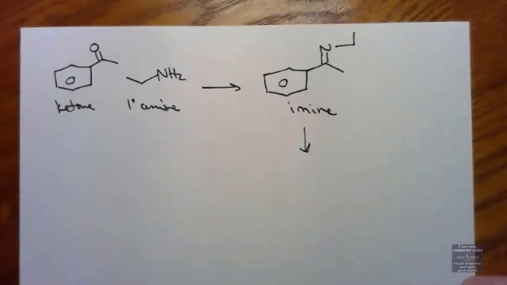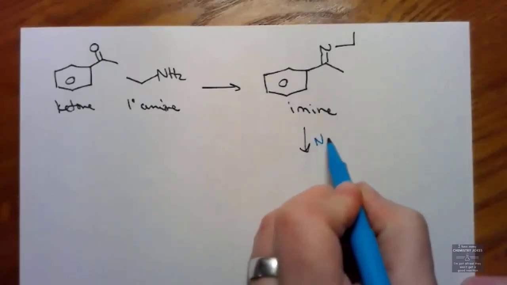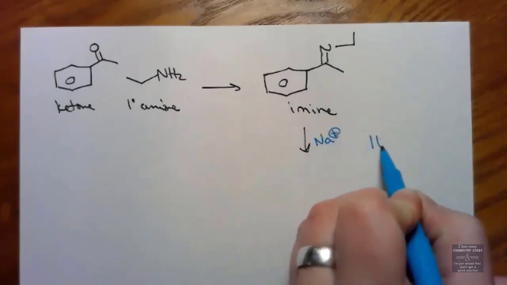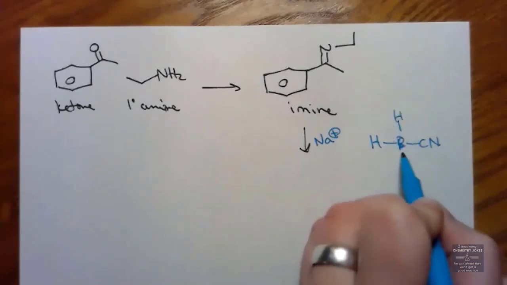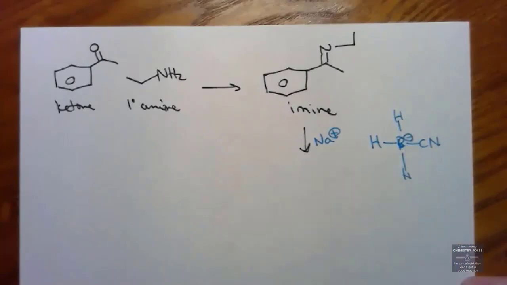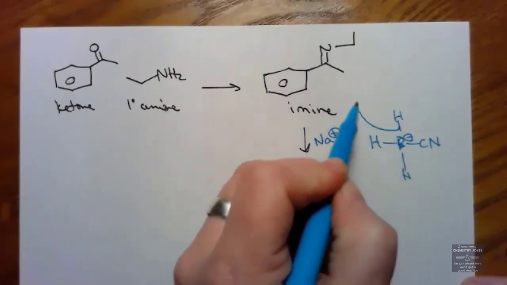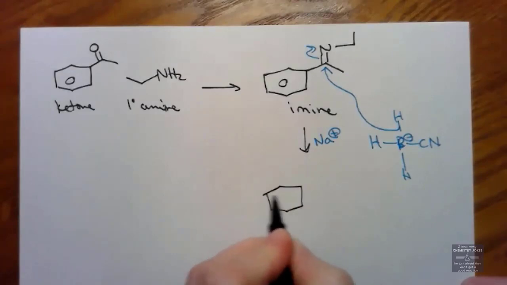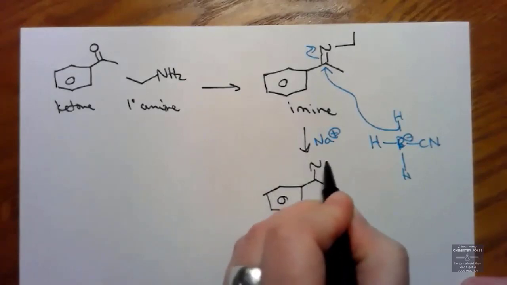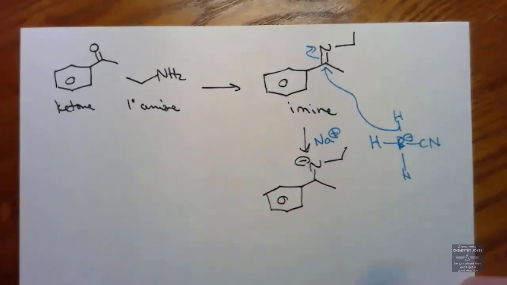The imine is definitely an intermediate in your reductive amination, but you're also adding sodium cyanoborohydride to this mixture, and sodium cyanoborohydride can reduce your imine like that to make it an N minus.